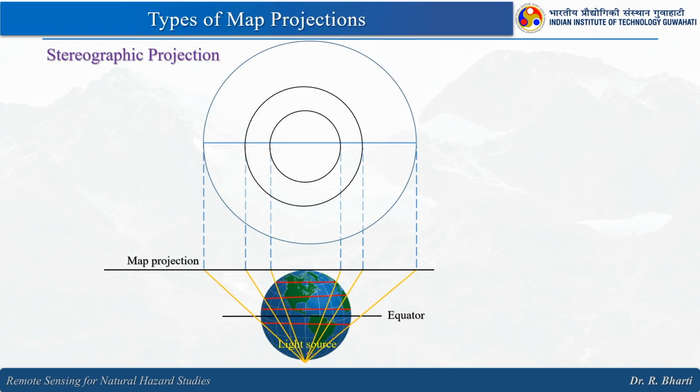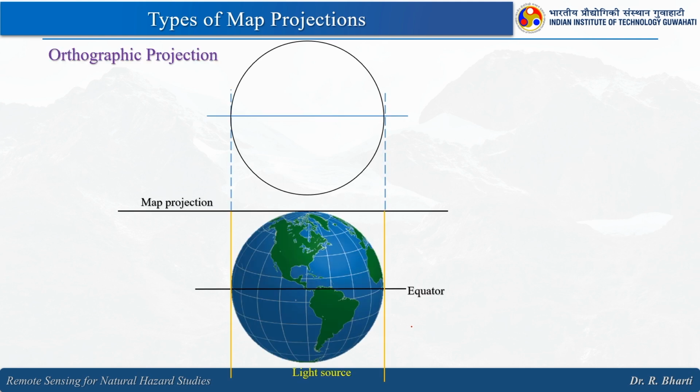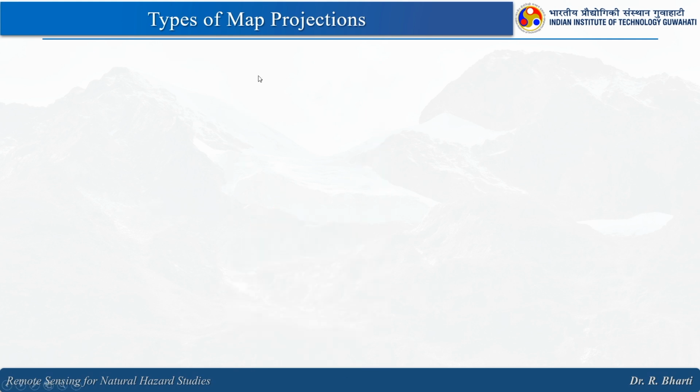This is stereographic. Here light is coming from the other end, from the pole, and this is the equator, and this is how it will be projected. Now, in orthographic projection, the light source is coming like this, and this will be projected here.